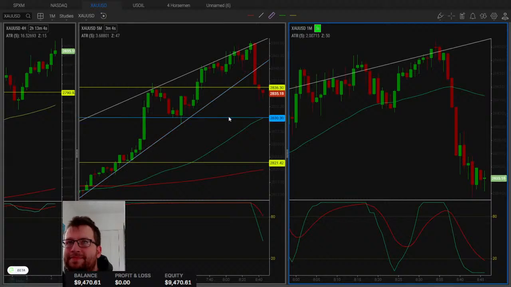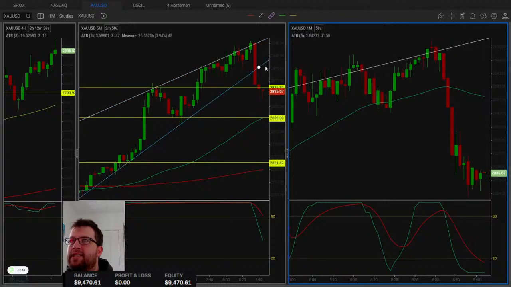Okay. I would have been looking for a bounce off of this, retest this, back through, and then down to this level, which I think is a stronger level right here than this one, and our 50 moving averages right here as well.